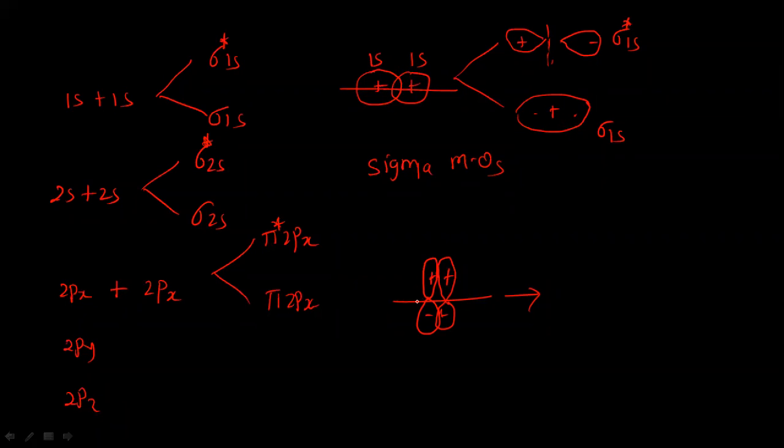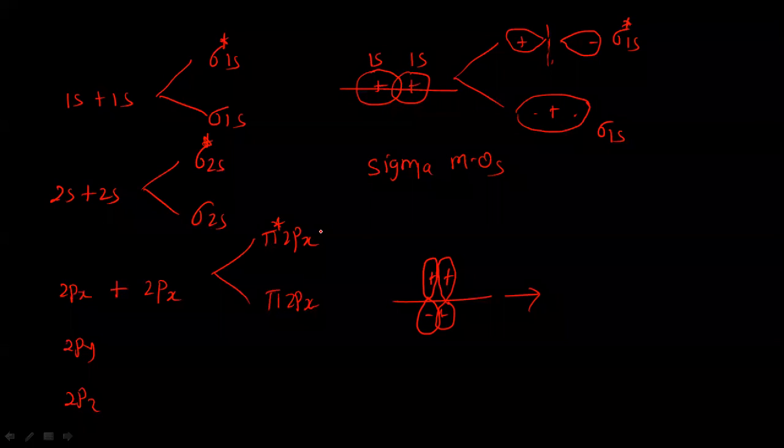And when a 2px atomic orbital of one atom overlaps with the 2px atomic orbital of the other atom, it will give a pi bonding and a pi antibonding molecular orbital. So the bonding molecular orbital can be represented in this way.